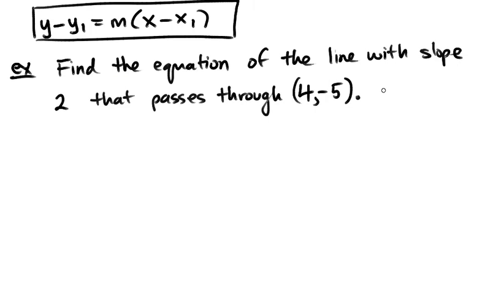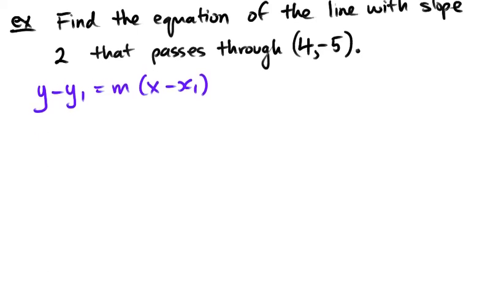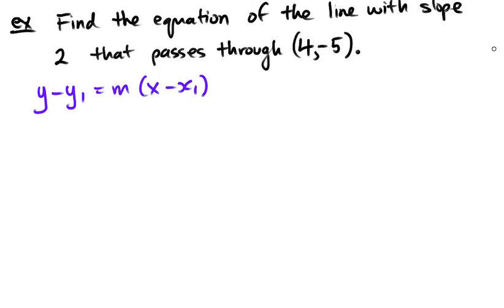So our example is to find the equation of the line that passes through (4, -5) and has a slope of 2. So using this equation, y minus y1 is equal to m times x minus x1. I know my slope is 2, so I just substitute that in.